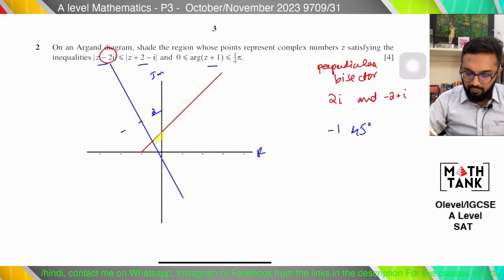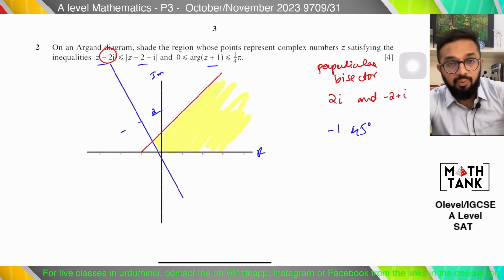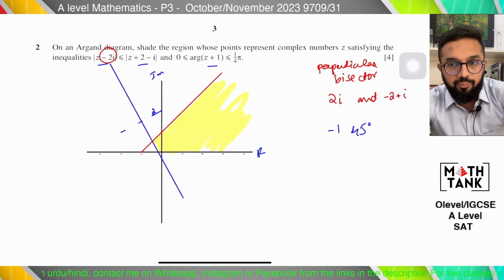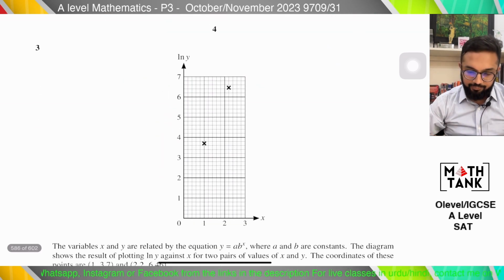So there's a line at 0 and the angle has to be between pi over 4 and 0. Okay, so that is the correct answer. Let's move on to the next one.